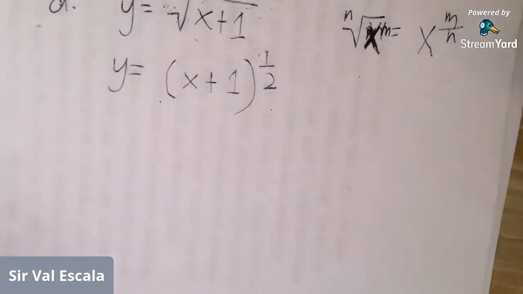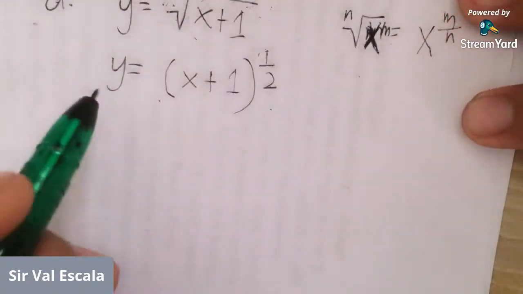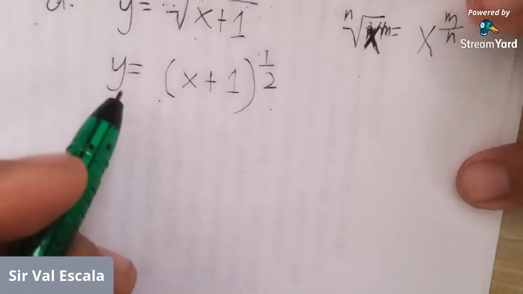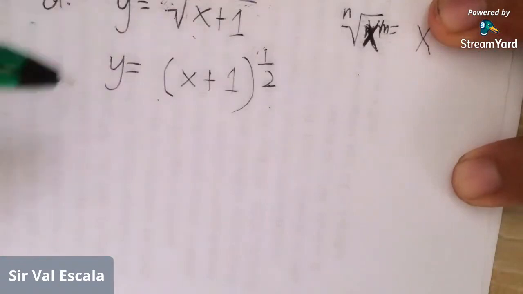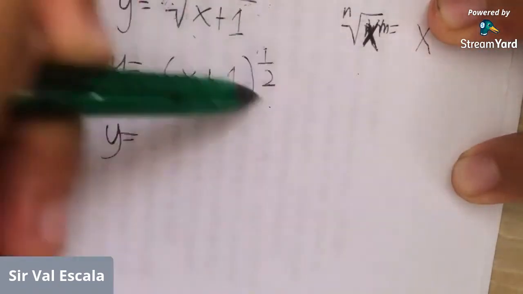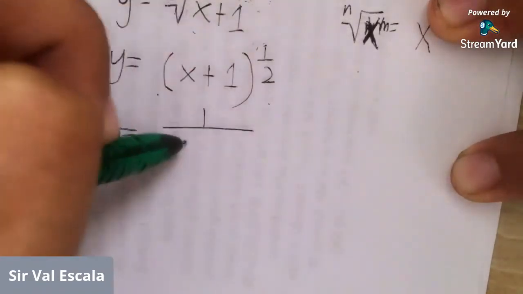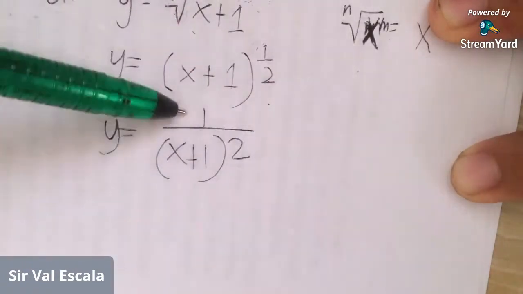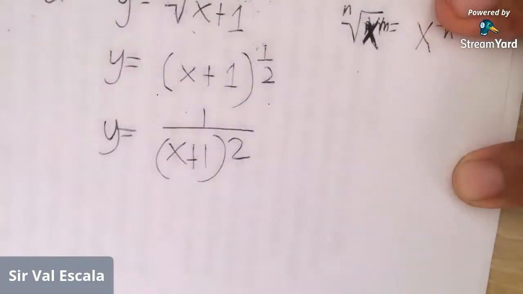Okay. Then, pwede pa rin natin siya i-transfer as ano kaya? Sa palagay niyo. May nabanggit pa ako kanina, rational function. So, pwede pa rin siyang gawing rational function. Paano kaya? So, magiging y equals, yung 1 pwede nating i-reverse. Magiging 1 over x plus 1 squared. Sir, bakit nagkaroon ng 1 dito over x plus 1 squared? So, ganun yung sa rational function.